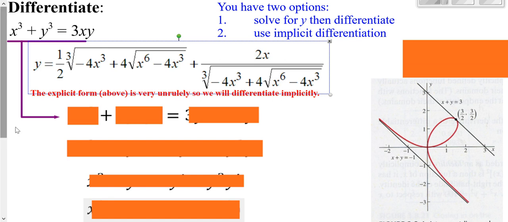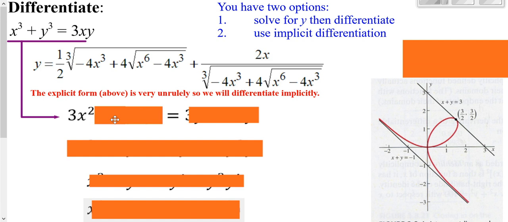So if we tried implicit instead, we put the exponent in front, decrease it by 1. Chain rule, derivative of the inside, derivative of that x with respect to x, well, there'd be a dx over dx here, which is really 1. Then here we come, we put the 3 down in front, decrease it by 1. Then chain rule, derivative of the inside, derivative of y with respect to x, so dy over dx, or y prime, same thing.